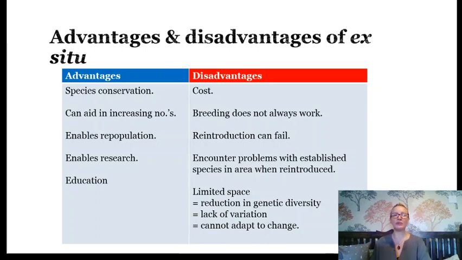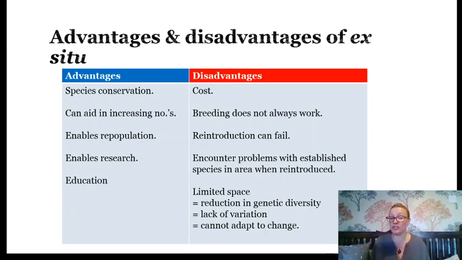So the overall advantages and disadvantages of ex situ conservation. Advantages then, you've got conservation of a species. It can help to increase the numbers and enables repopulation of a particular species. It enables research and education, which I said is really important. Disadvantages, it is expensive.